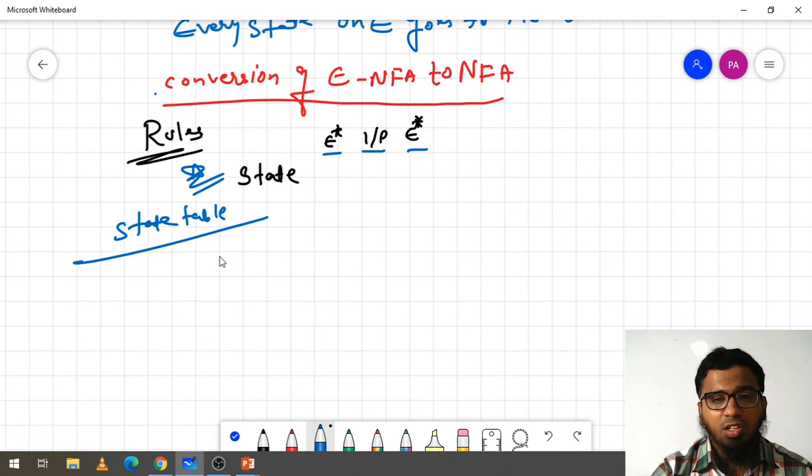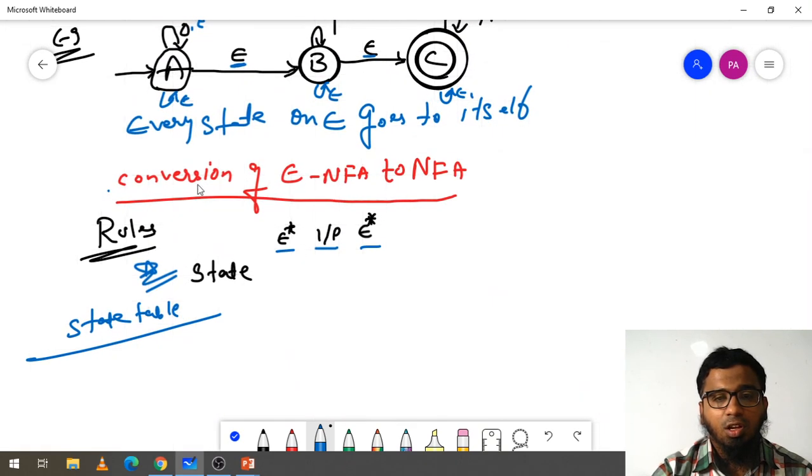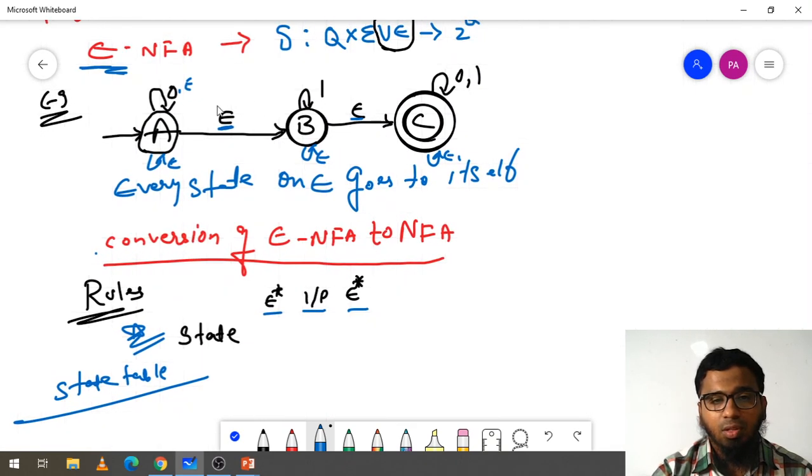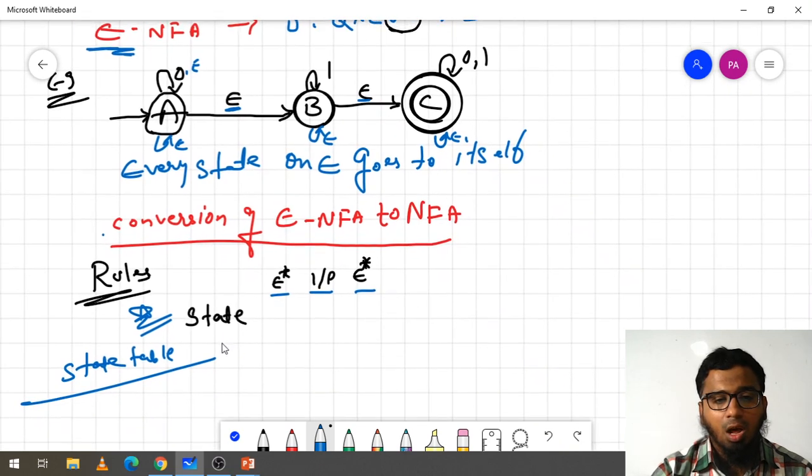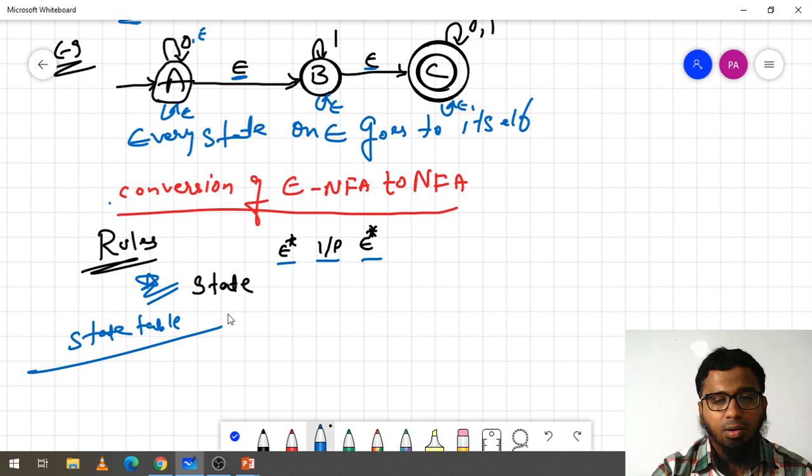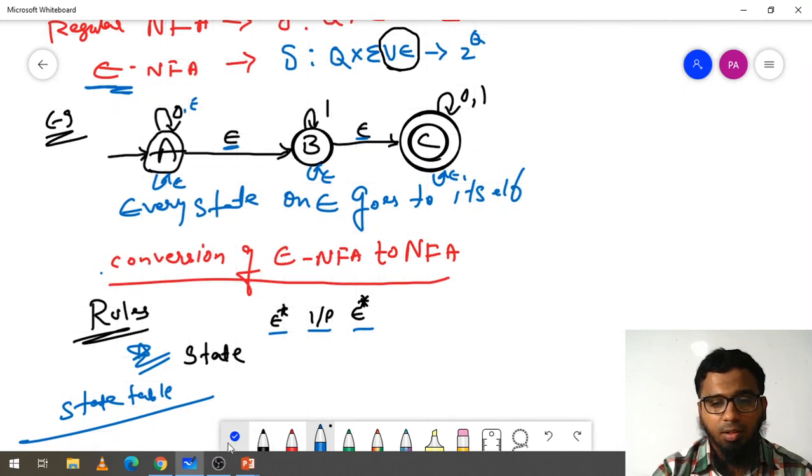So how can the state table be defined with this graph?